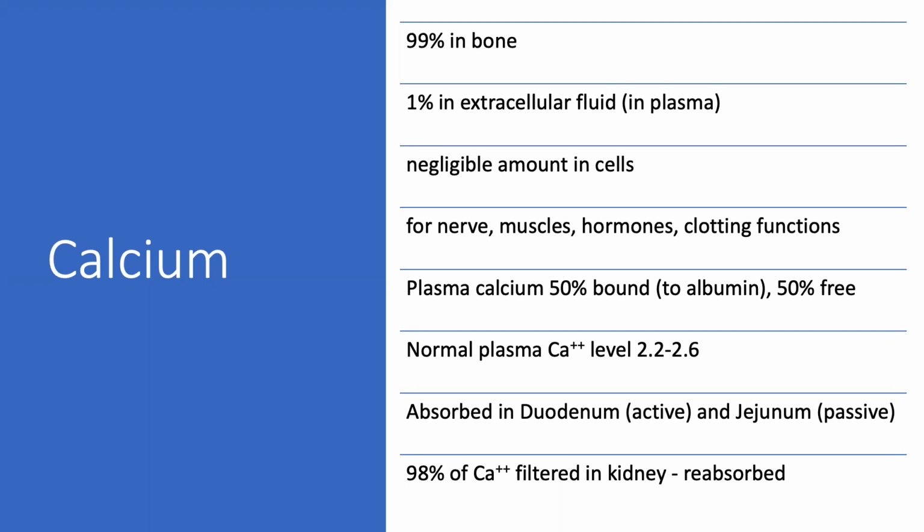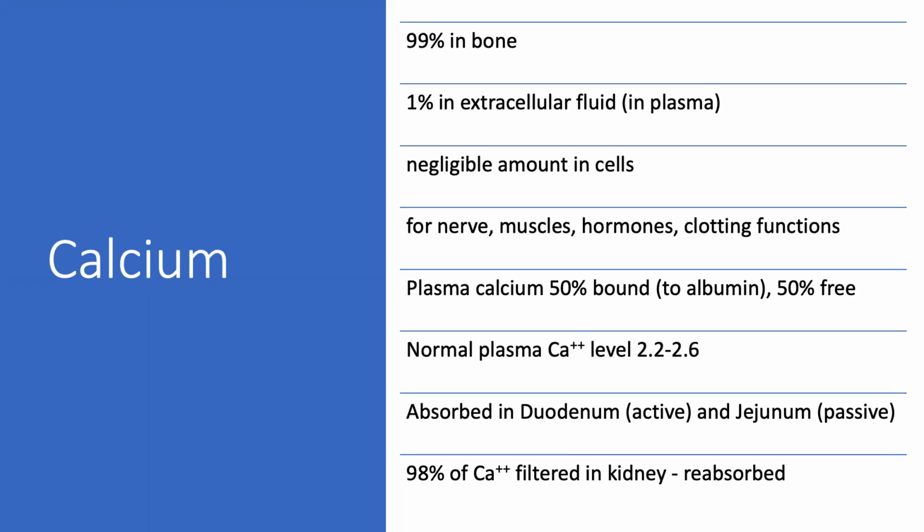In the plasma, the calcium is about 50% bound to protein, mainly albumin, and 50% is free. Normal plasma calcium level is 2.2 to 2.6 millimole per liter.